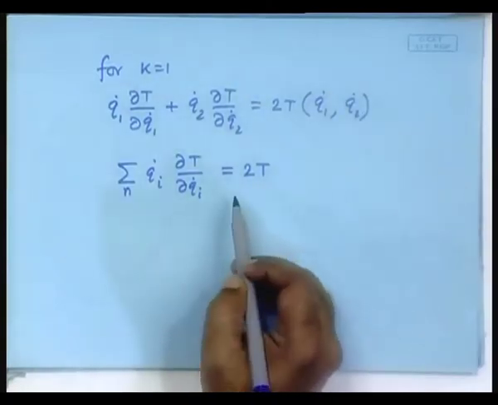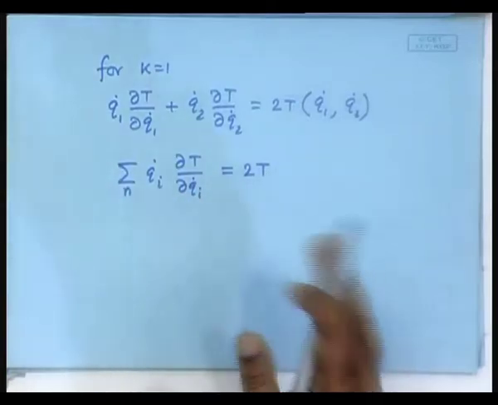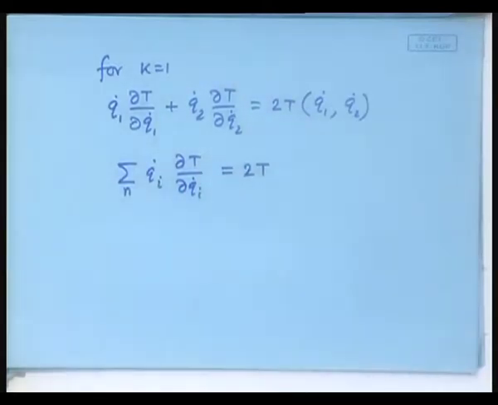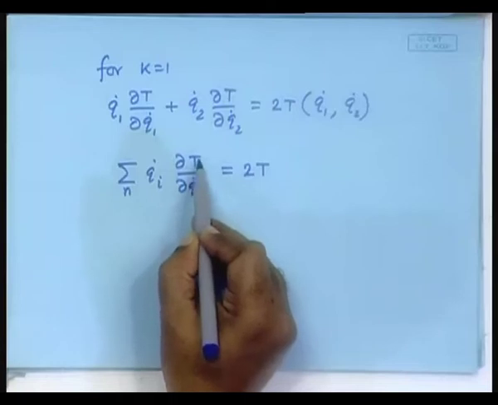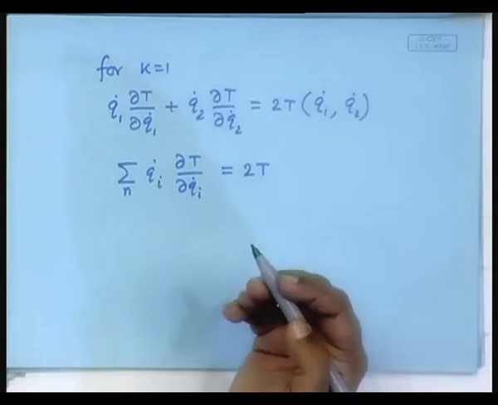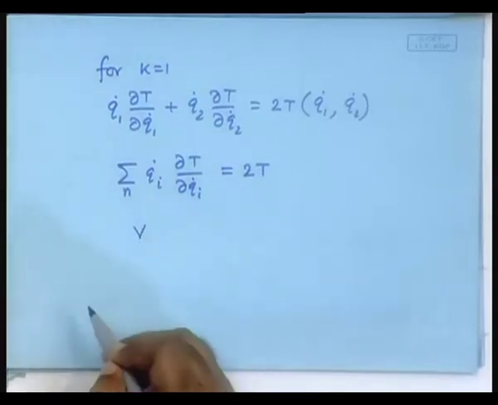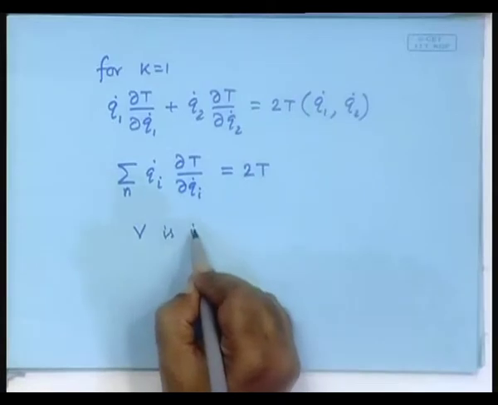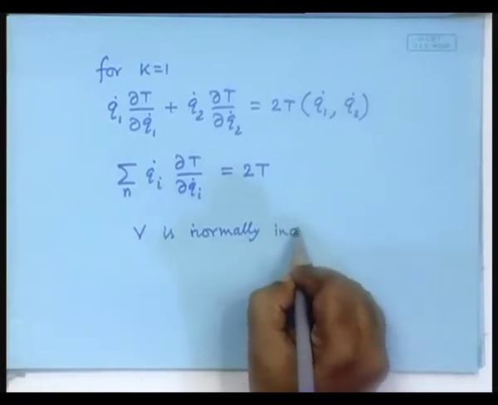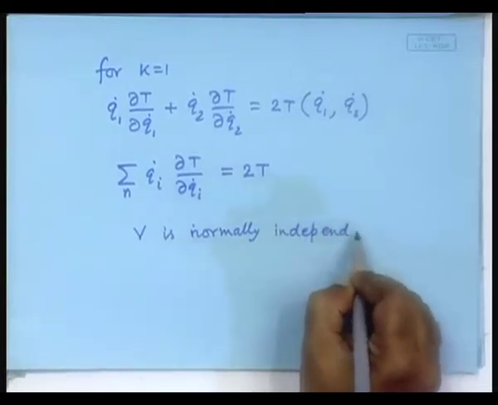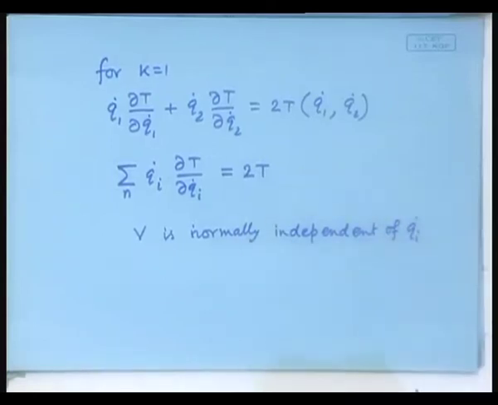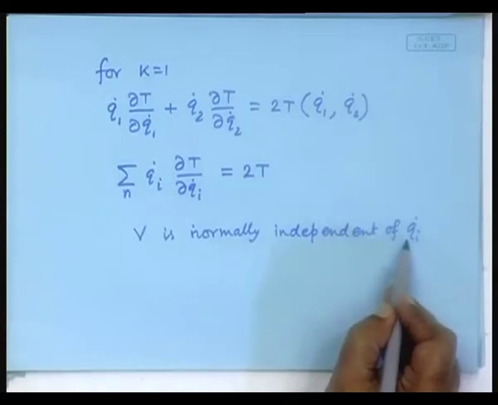Now, this result is known as the Euler's theorem, that goes by the name of Euler. Now, notice that this term T. So, we already know that the V term is normally independent of velocities, potential is not dependent on the velocities, at least normally.